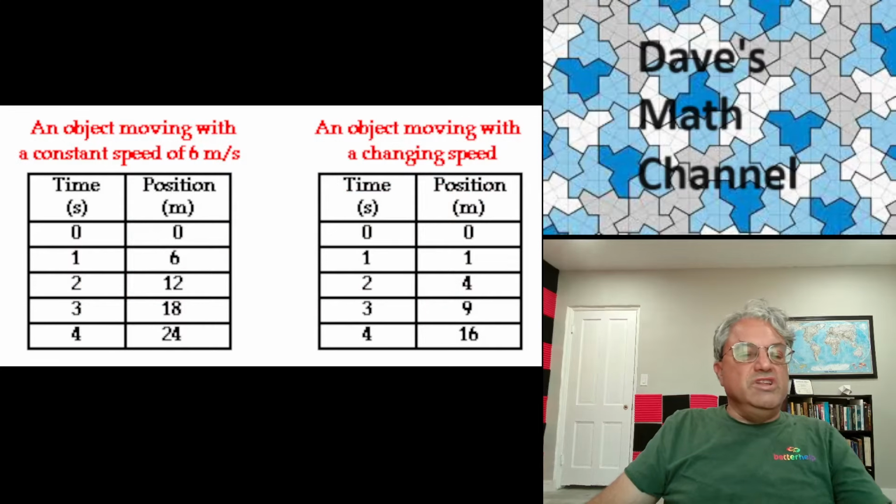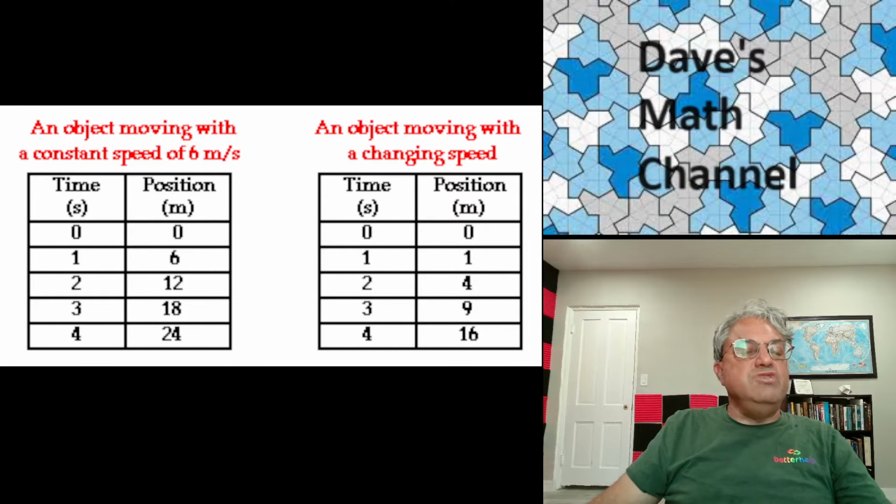But like I said, this formula is only useful if you're moving at a constant speed. And the table on the left shows an example involving constant speed. Here we're doing meters per second. So imagine we have an object moving at 6 meters per second. Then you know exactly how far it's going to move in every time interval.